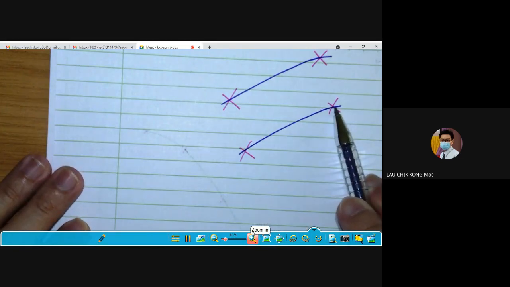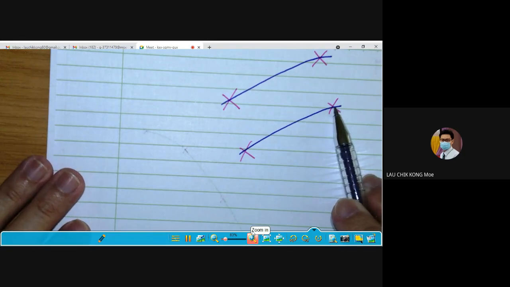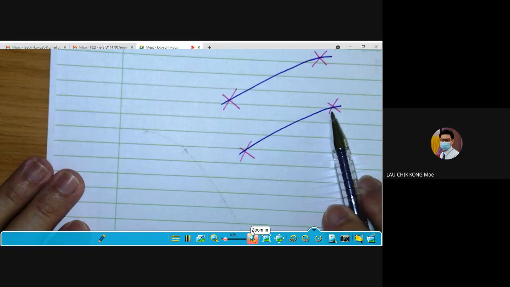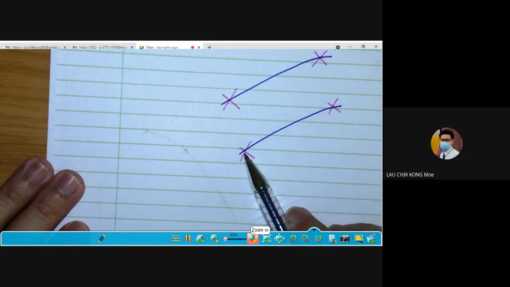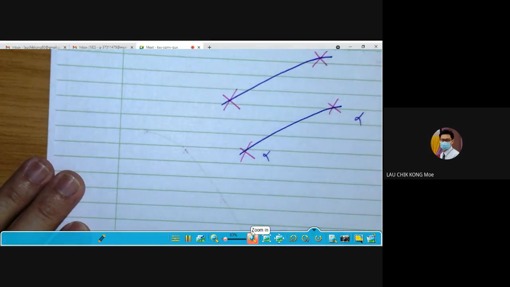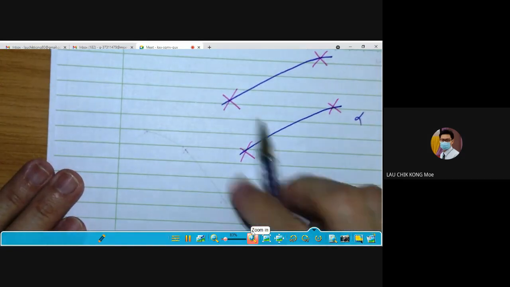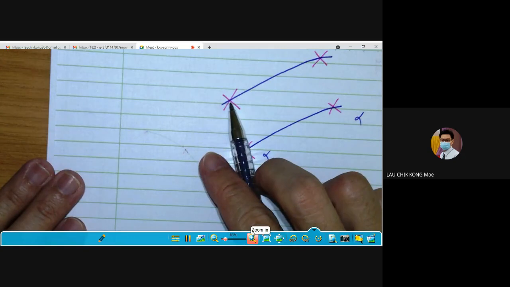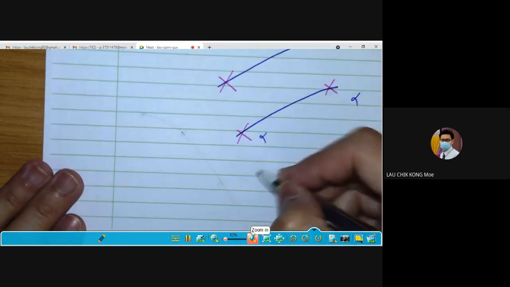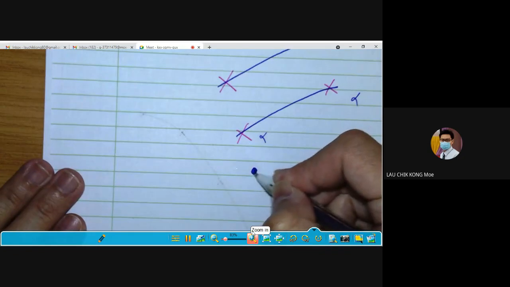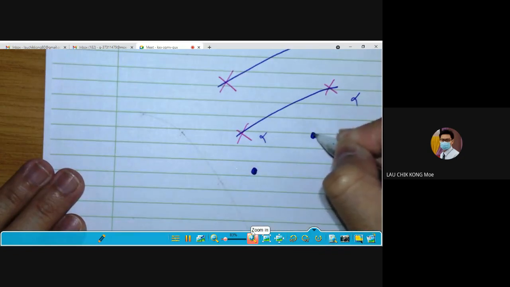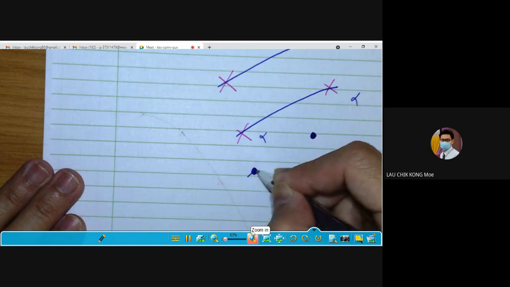So in SPM, drawing the graph is very strict. Make sure that you pass through the point. Not passing like this is wrong. It must go exactly through the middle of the cross. If you use a dot, it is okay too: you use a black point, so passing through.